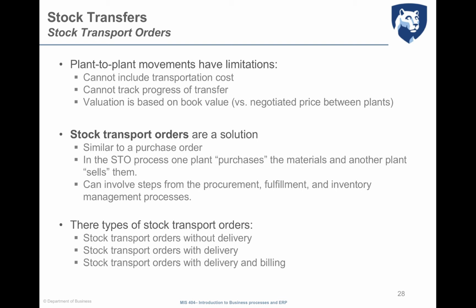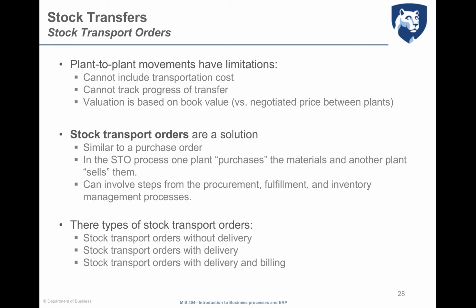So whenever I want to highlight the commercial transaction taking place between two parties, I need to include transportation cost, I want to track progress on transfer, I want to revaluate the goods at the negotiated price, I need to include the concept of stock transport order.